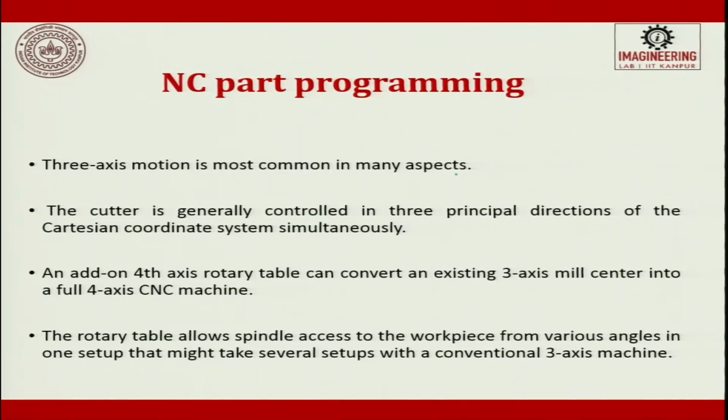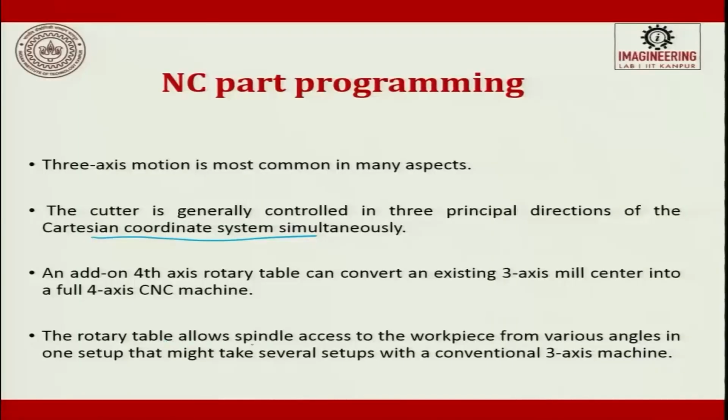The 3-axis motion is the most common in many aspects. The cutter is generally controlled in 3 principal axes of the Cartesian coordinate system. So, they are mutually perpendicular, and addition of a 4th axis rotary table can convert an existing 3-axis machine into a 4-axis machine. So, today if you want to machine a complex job, you need a 5-axis machine.